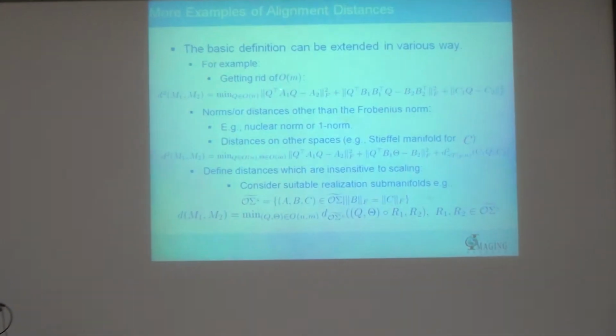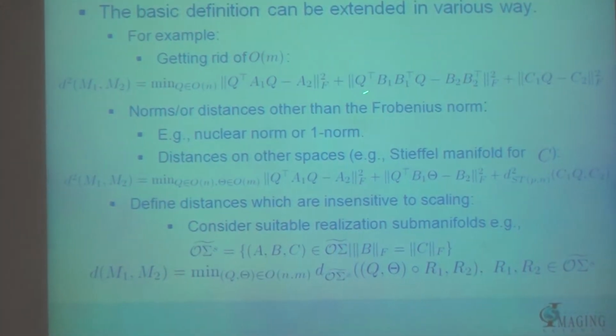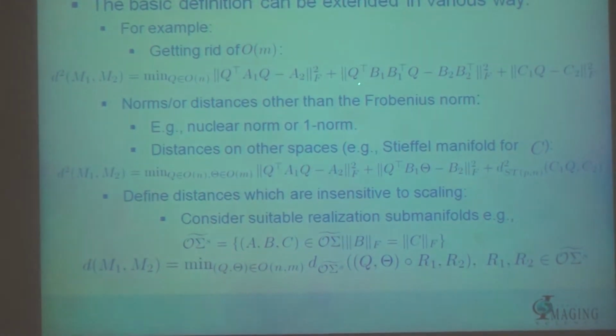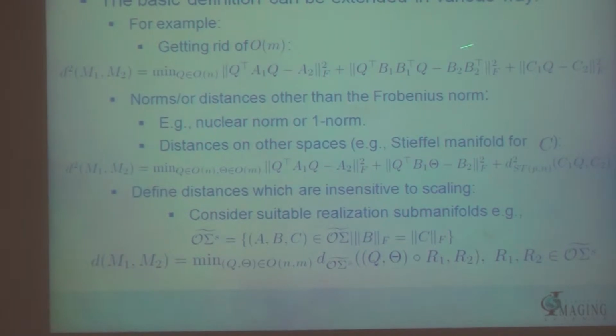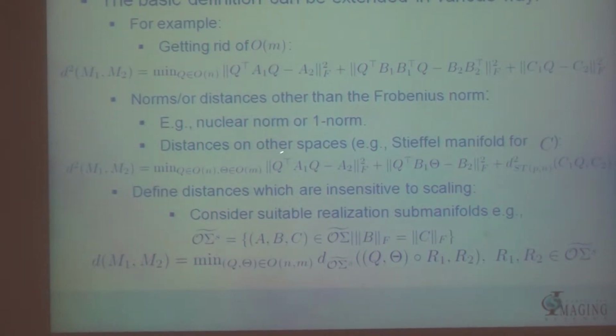And this idea can be extended in various ways. For example, you can get rid of the ON group in the input side by replacing B by BB transpose. Or you can use other norms than the Frobenius norm here.